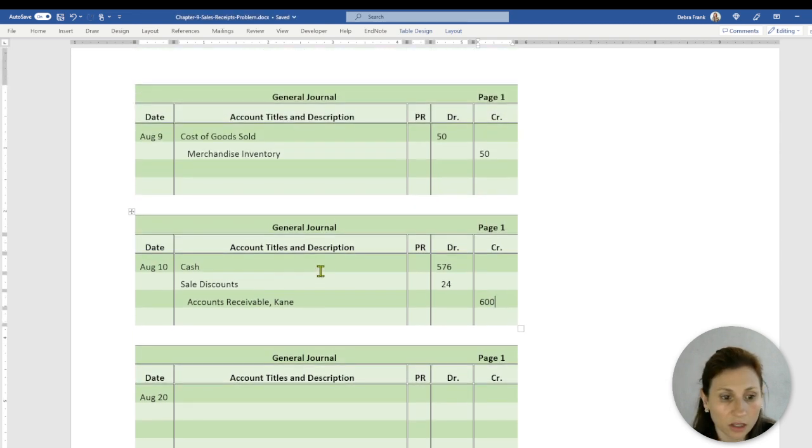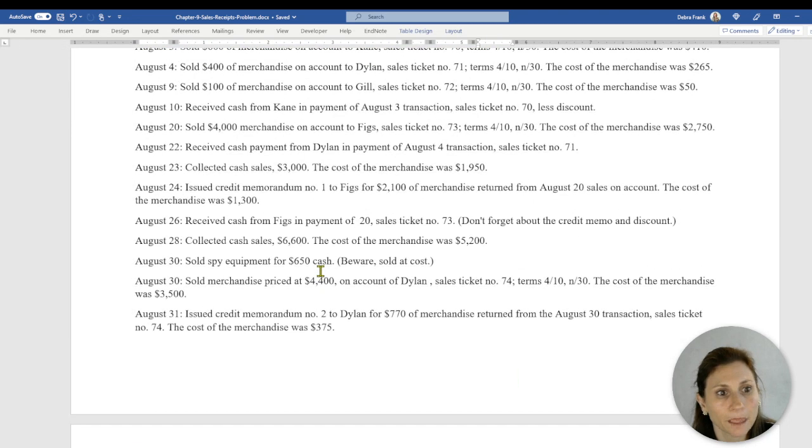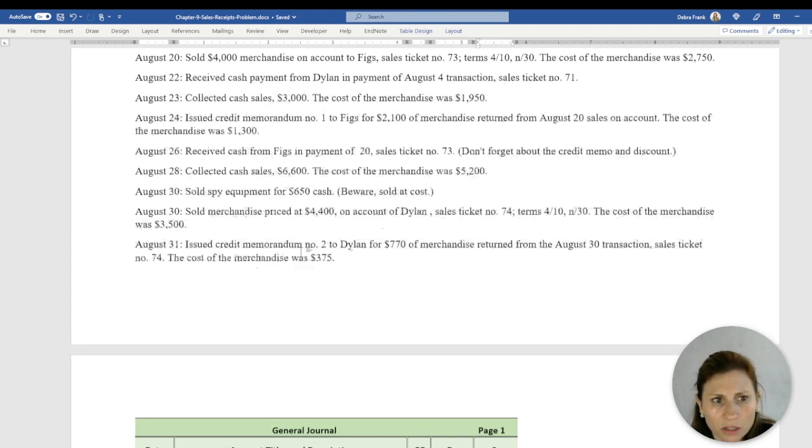Looks like it's not till August 20th, if I laid those out right. Let's see. Yep, so August 20th, we sold $4,000 merchandise on account to Figs. Same terms, and the cost of merchandise was $2,750. Okay, so that's fine. We can do that.